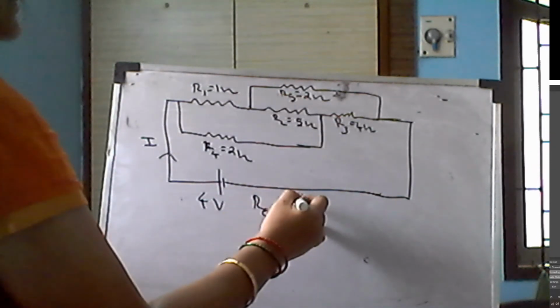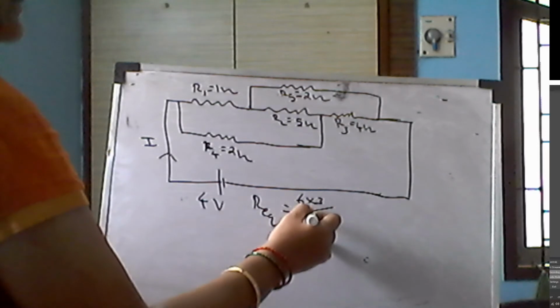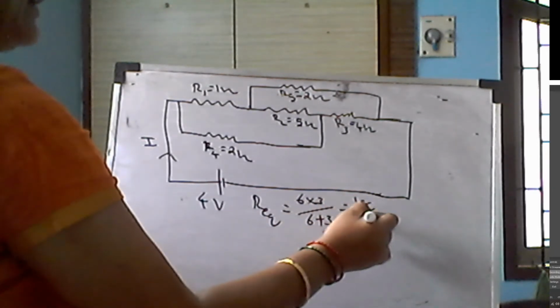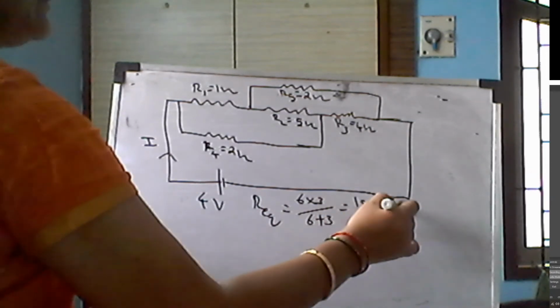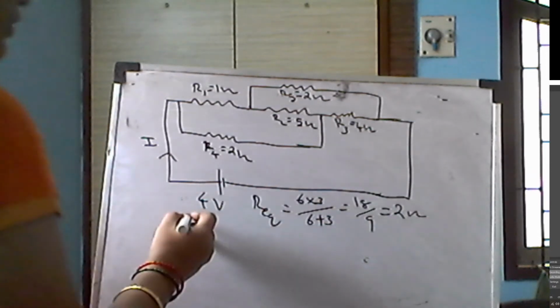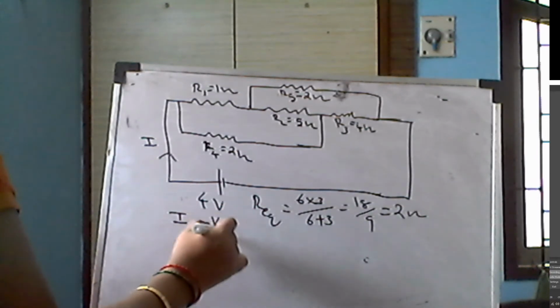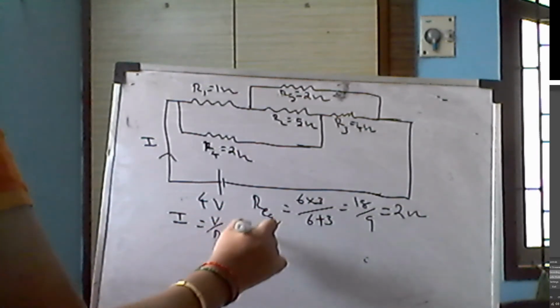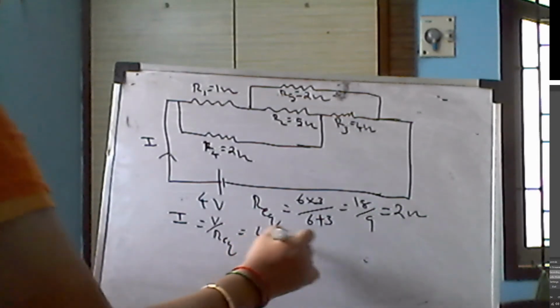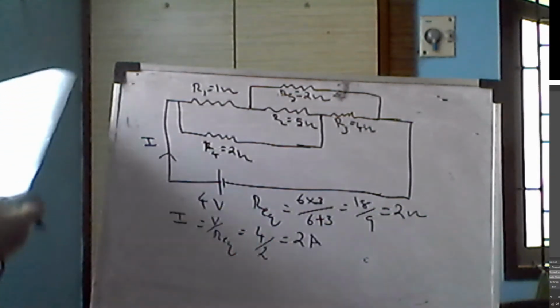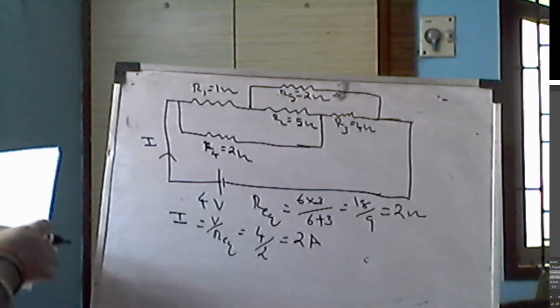So 6 into 3 by 6 plus 3, that is 18 by 9, which is nothing but 2 ohms. So I is equal to V by R equivalent, that is 4 by 2, equal to 2 ampere. This is very simple only, but you should know the concept.